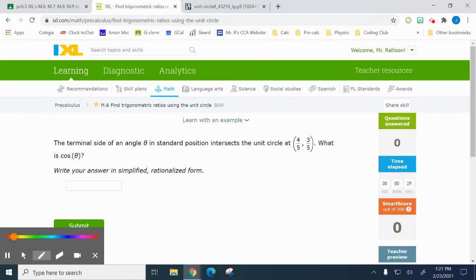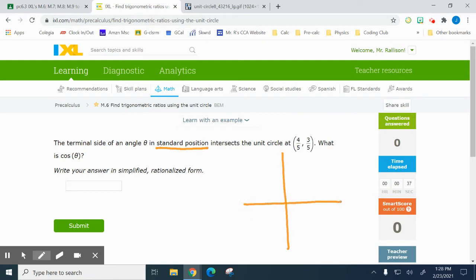Okay, so an angle in standard position, that means that it's on the coordinate plane with the beginning of it in the 0, 0 position. So if it's in standard position, that means whatever line you're drawing starts there, and the terminal side of it intersects the unit circle.